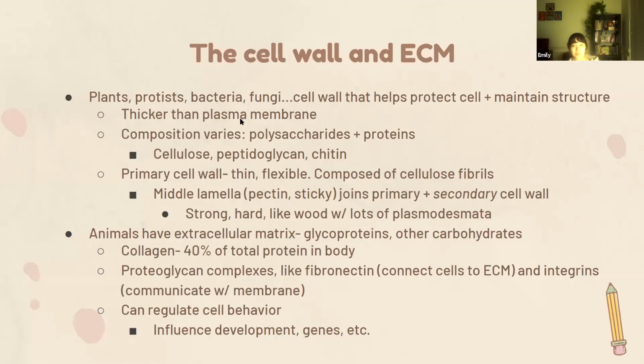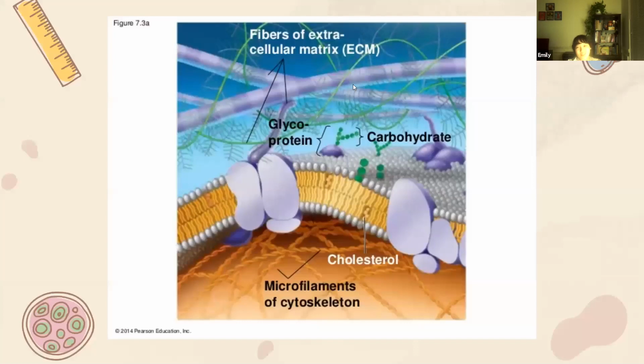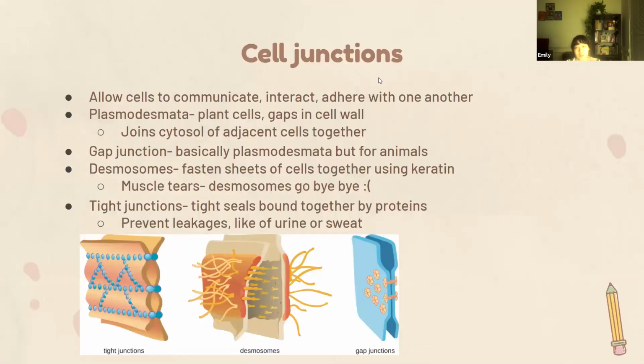Animals don't have cell walls, but they have something called the extracellular matrix, which is made out of proteins and other carbohydrates that help maintain structure. Again, if you want to look at all of these notes, I will post it in the Google Classroom. I'm just going through it very quickly right now. As you can see, this is a plasma membrane, and on the top there is an extracellular matrix made out of fibers that helps it maintain structure.